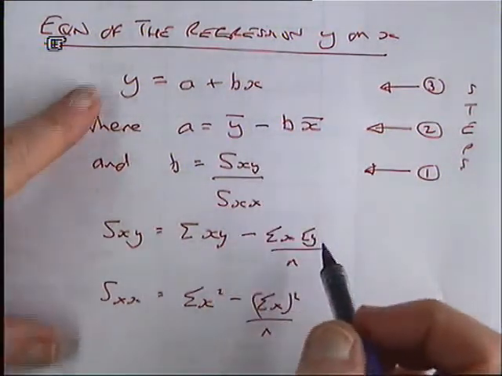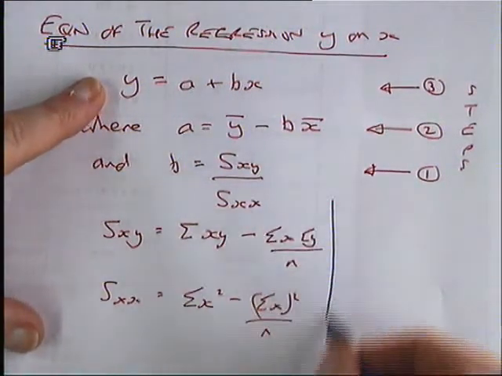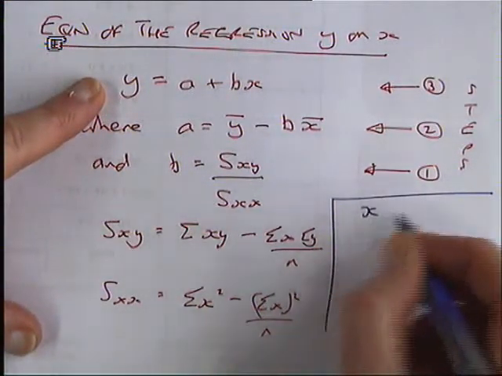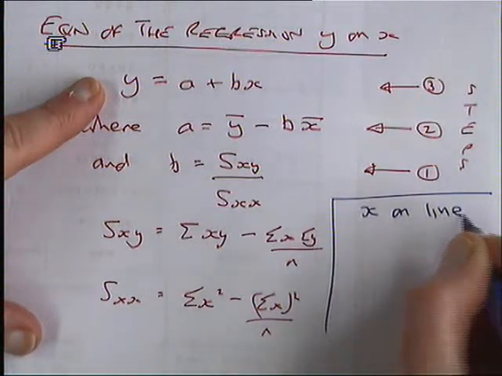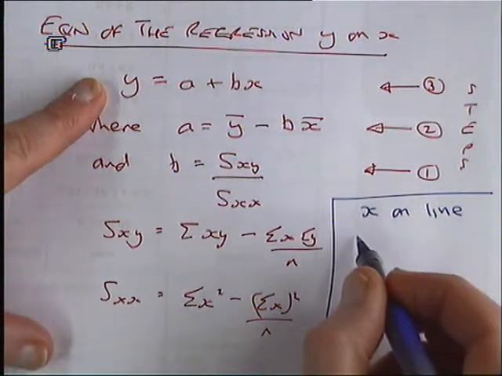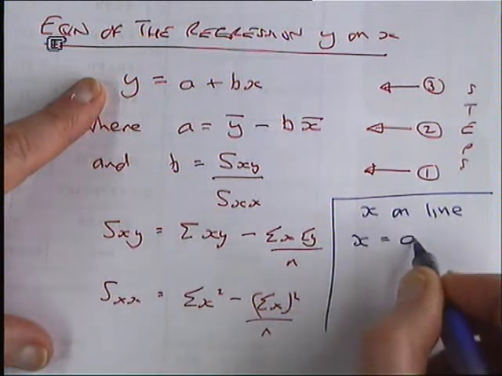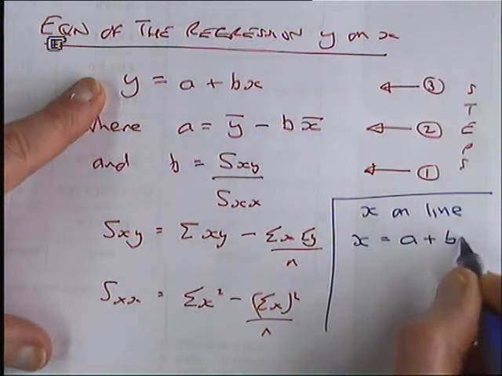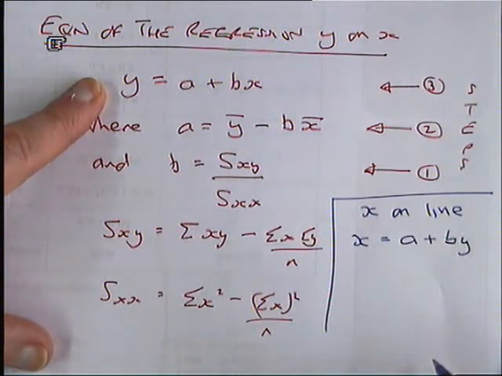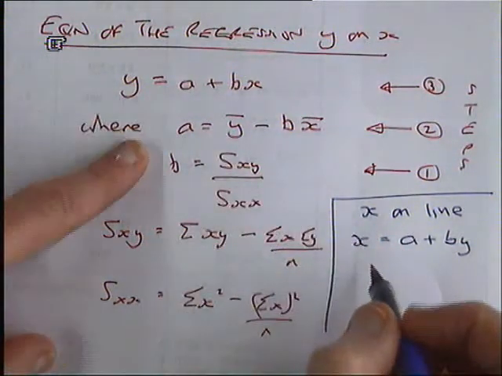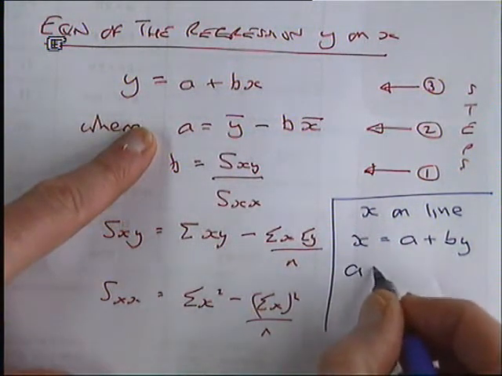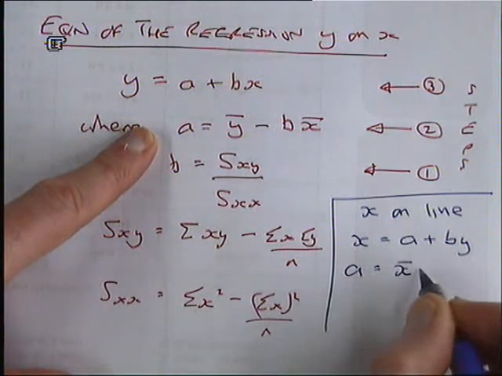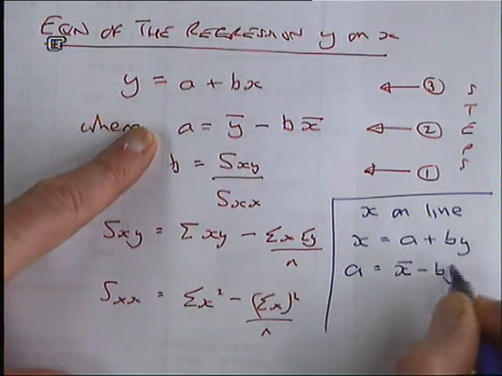What I'm going to do down here is the x on y line. The x's and the y's swap over. It becomes x equals a plus by, and then each of these changes. The a, this time, is x bar minus b y bar.